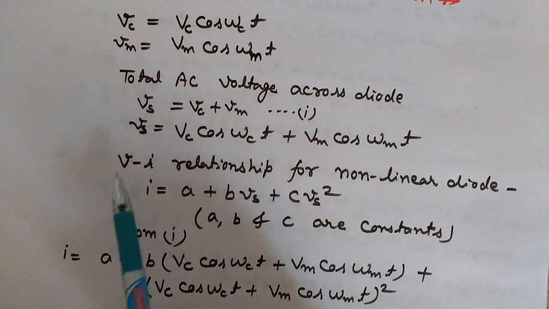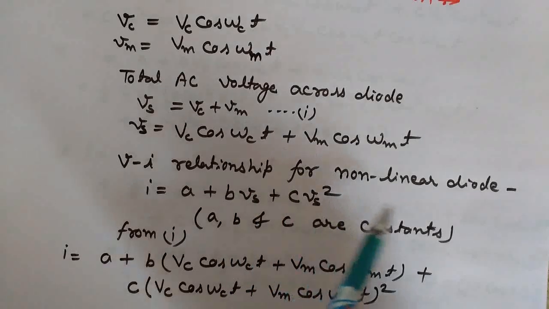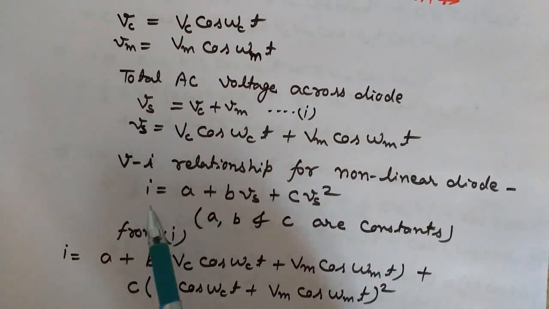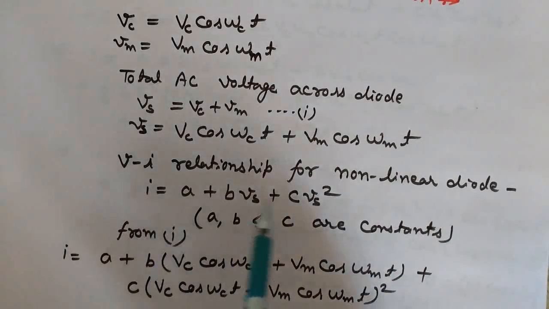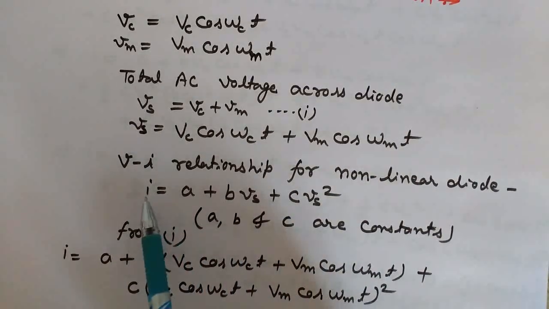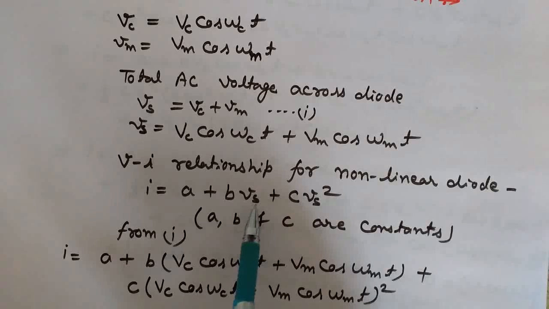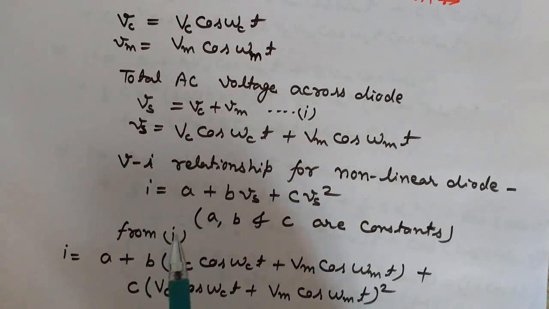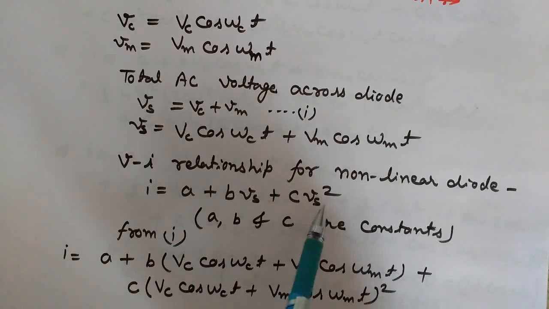Now from the IV characteristic for a nonlinear diode, we know that I is equal to A plus B Vs plus C Vs square. If we talk about linear devices, then by Ohm's law V is equal to IR, or I is simply V by R. But here it is a nonlinear device, so it has square terms also.